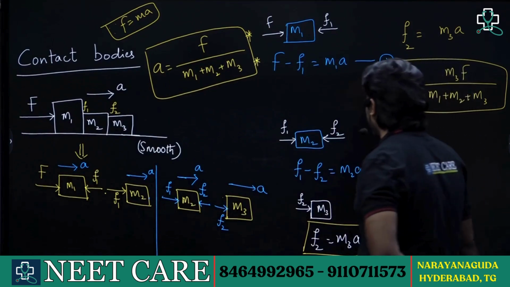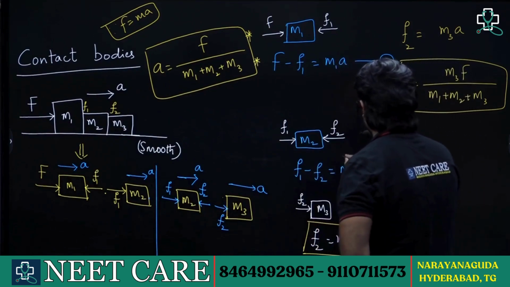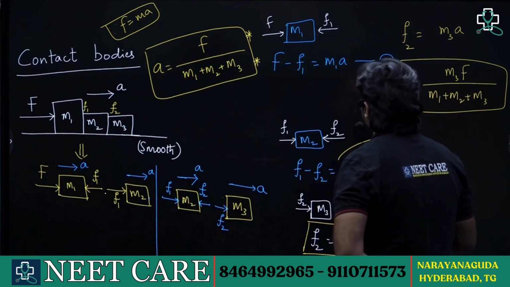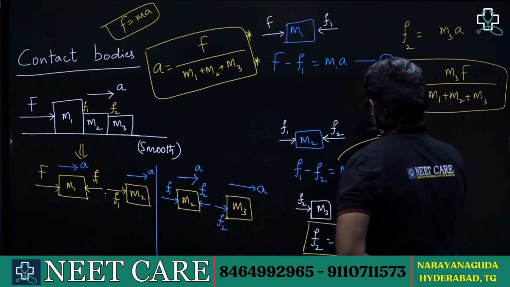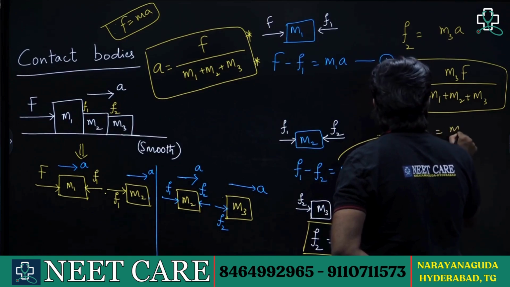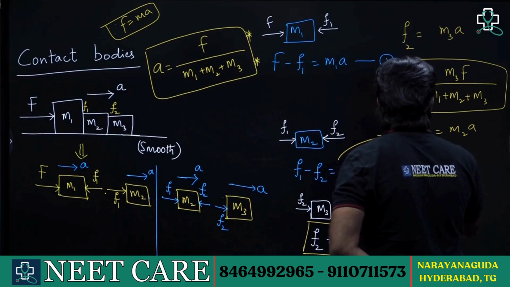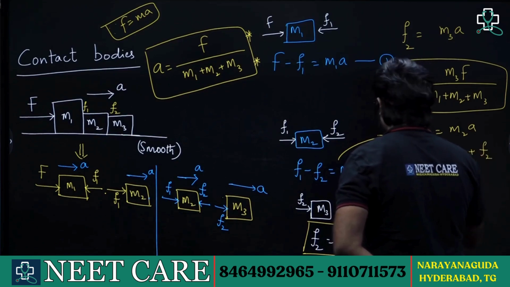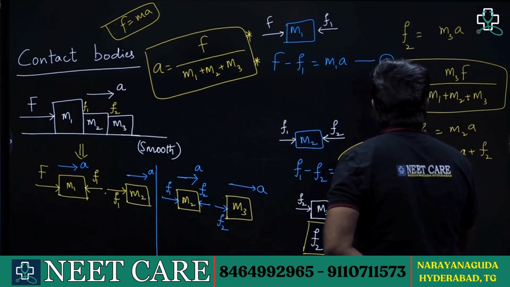Similarly, if you want to write down F1 from this equation, F1 minus F2 is equal to M2A. So here F1 is equal to M2A plus F2. But here F2 is M3A. So replace that.